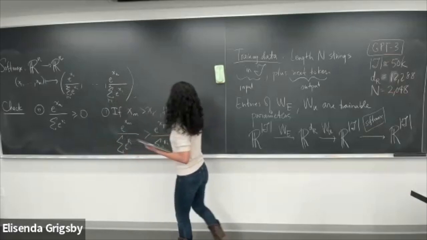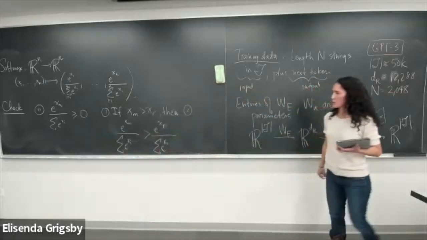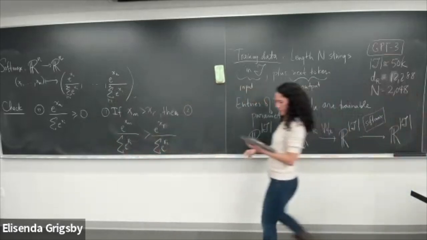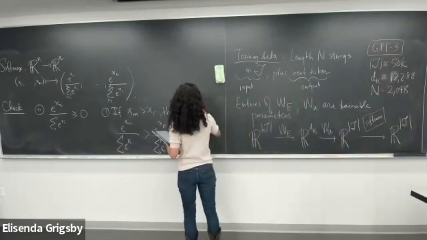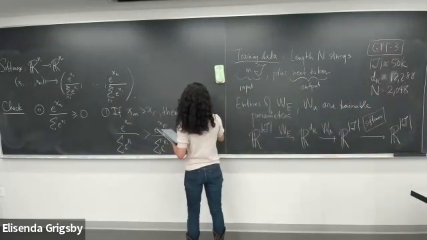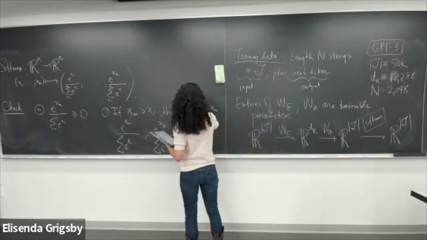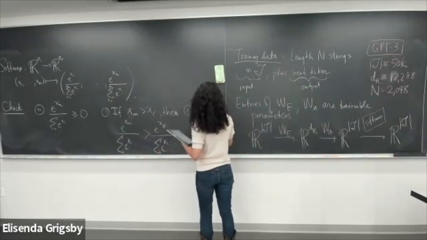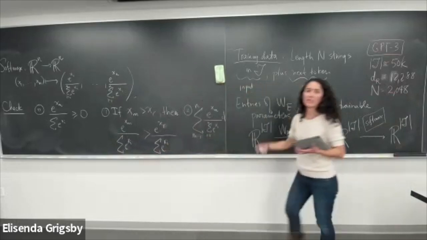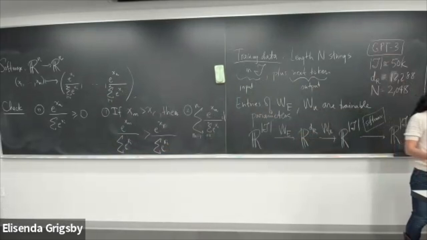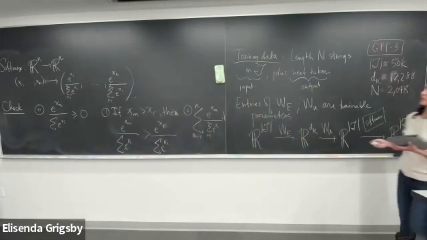So it's preserving ordering. And if you take the sum of these, this gives you probability vectors. So you get probability vectors out.